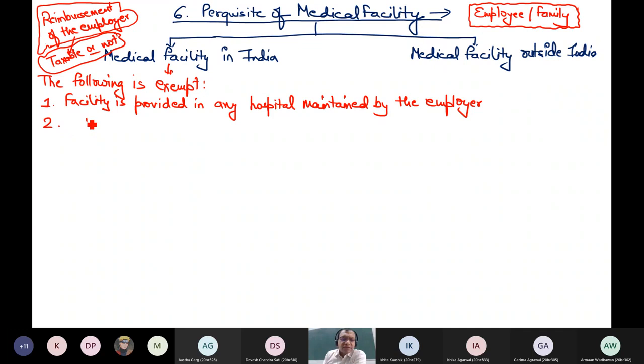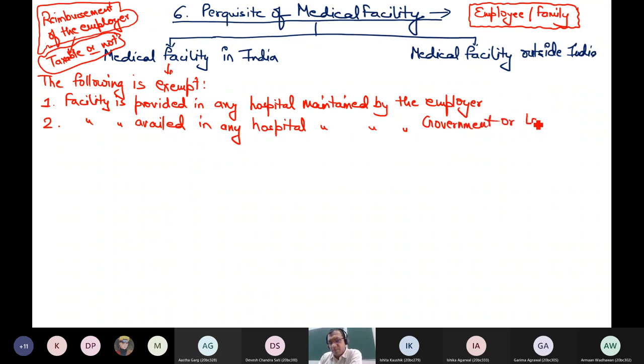if any such facility is provided or availed in any hospital which is a government hospital, maintained by the government or local authority, facility is availed in any hospital maintained by the government or local authority.